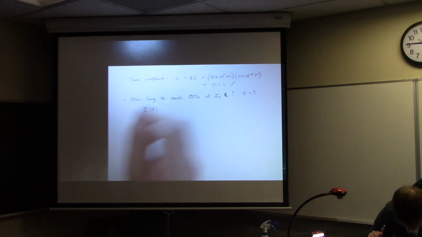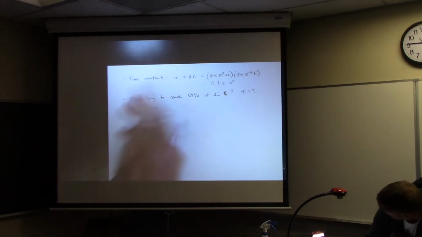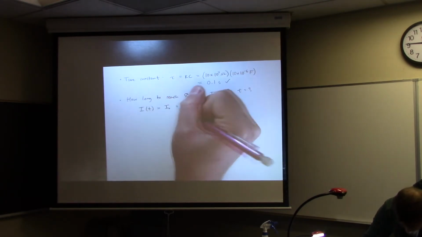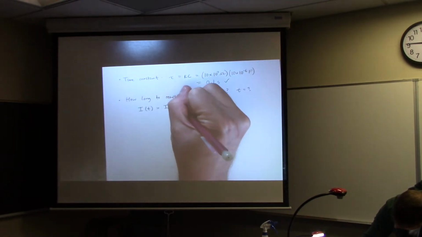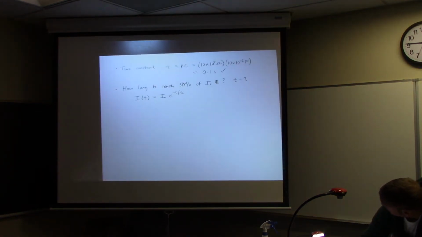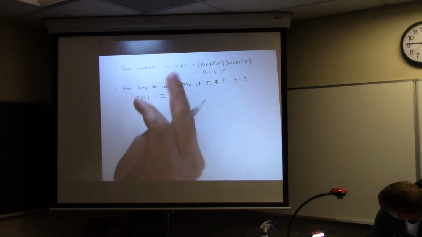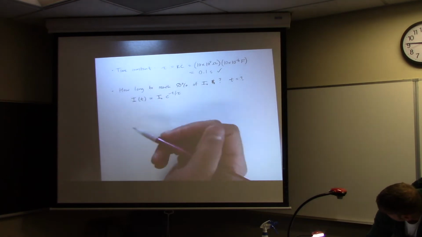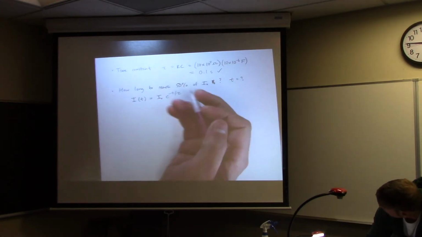The current as a function of time is equal to I naught times e to the minus t divided by tau. That's how the current exponentially decays in this circuit. So I'm looking to solve for t, so without plugging in any numbers yet, why don't we just rearrange the equation to solve for t.